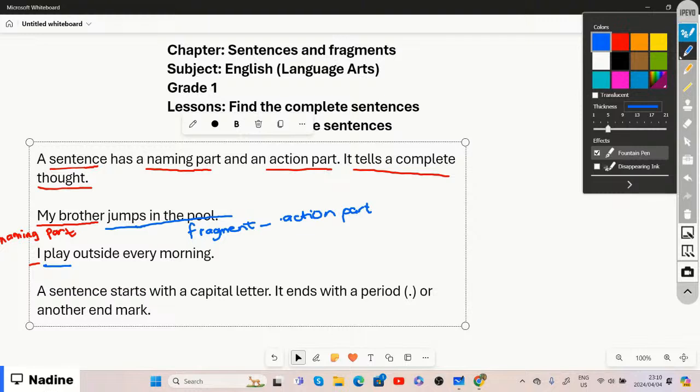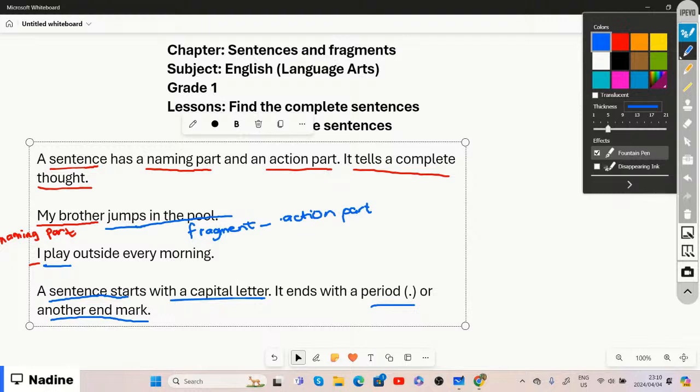We must remember that a sentence starts with a capital letter, and a sentence also ends with a period, or any other end mark.